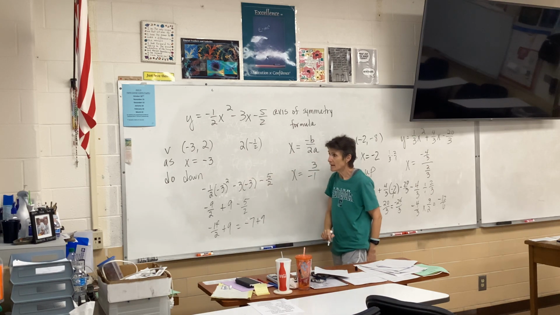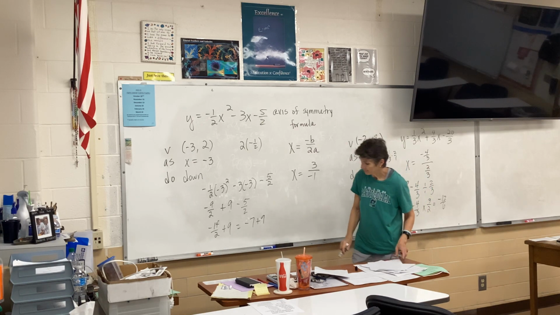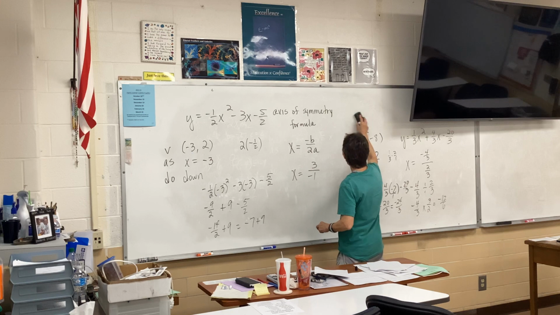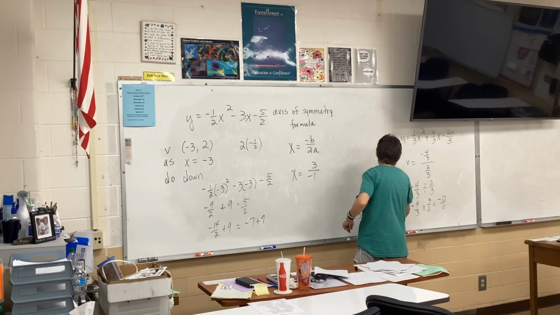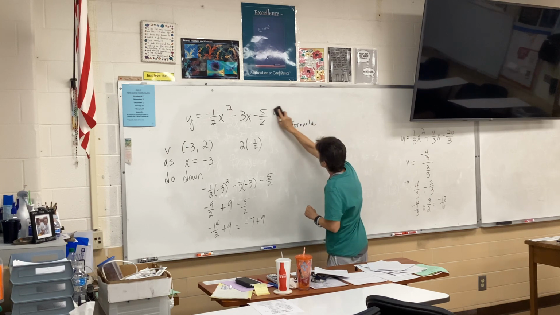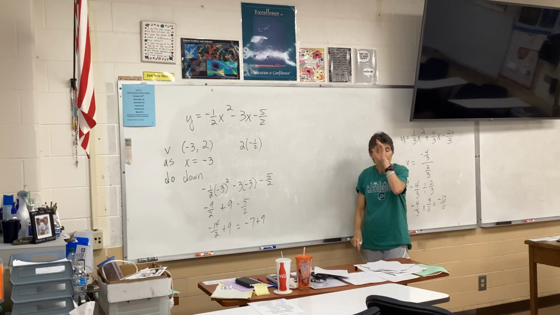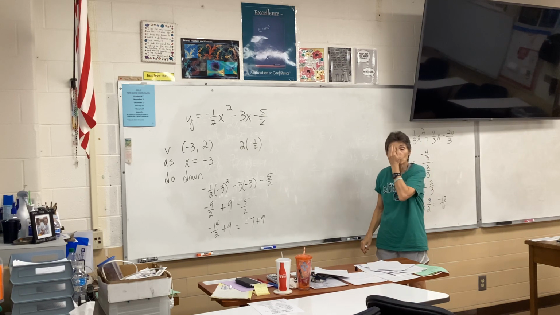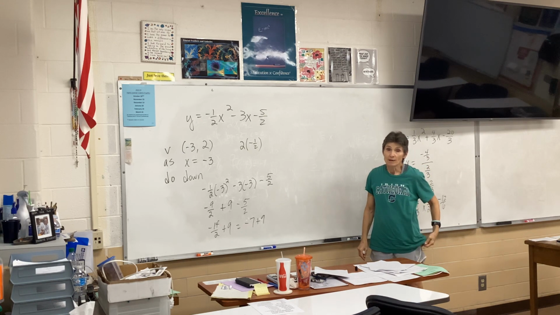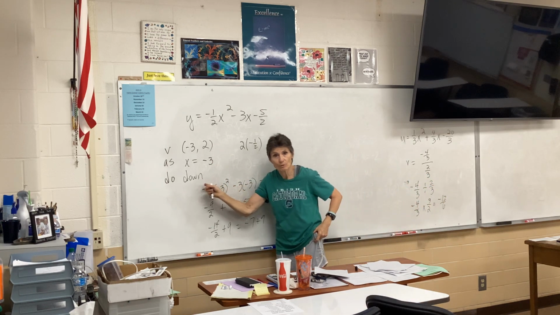So there's your vertex, your axis of symmetry, and your direction of opening. You are not responsible for putting an existing equation into vertex form, but you are responsible for being able to find the vertex, axis of symmetry, and direction of opening.